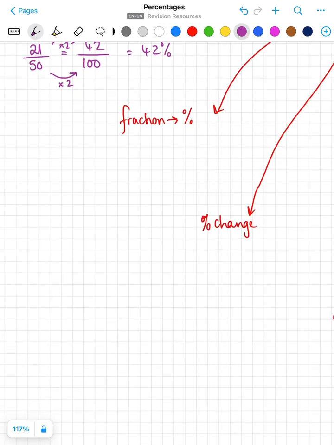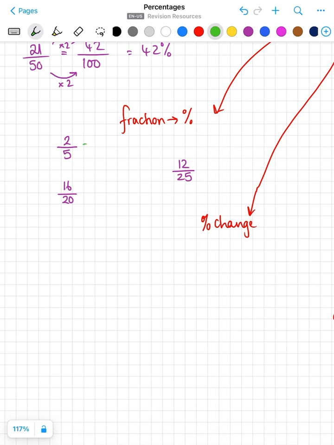Fraction to percentage, very similar to what we've just looked at. Let's look at 2 over 5, 16 over 20, and 12 out of 25, and we want to put these as percentages. Percent means out of 100.